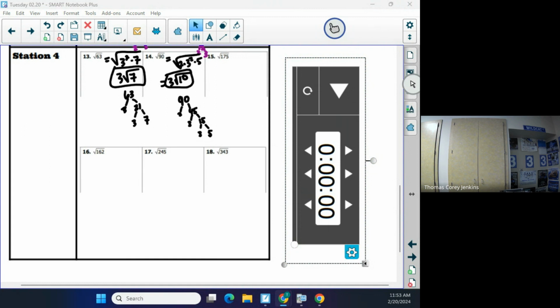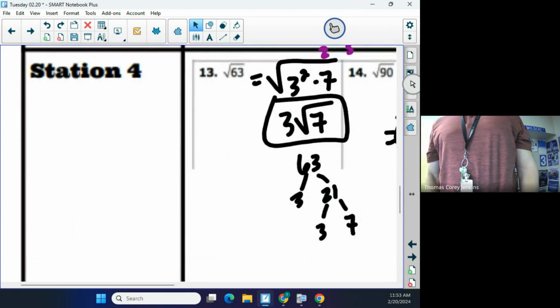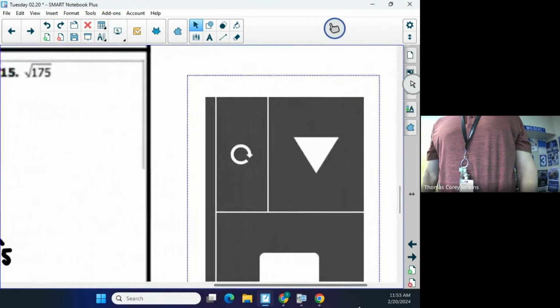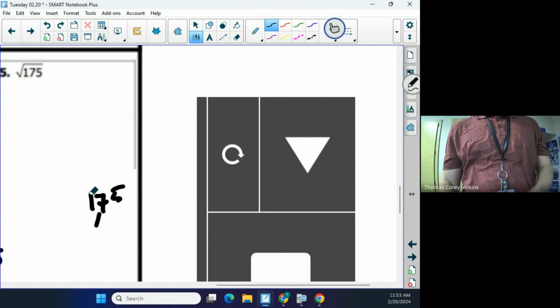All right, guys, let's look at those two, and if anybody wants to see any of the others, hopefully you'll let me know. All right, square root of 175. So 175 is equal to 5 times, let's see, 35. 5 times 35.